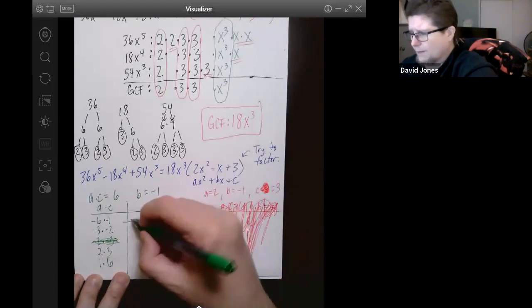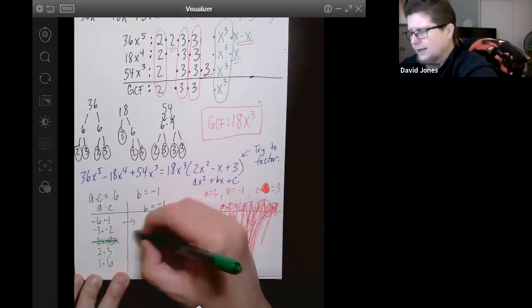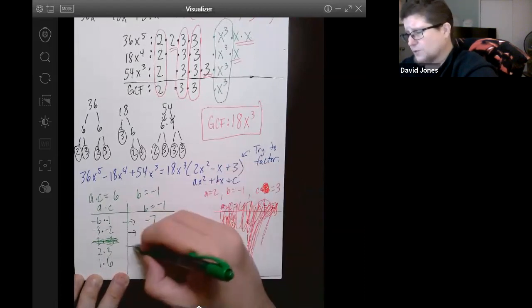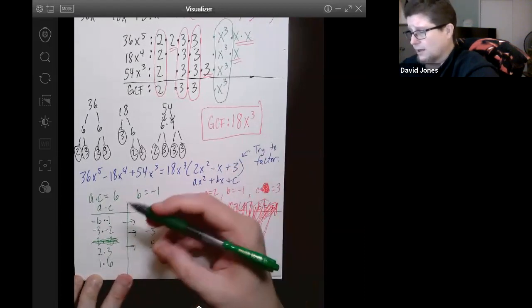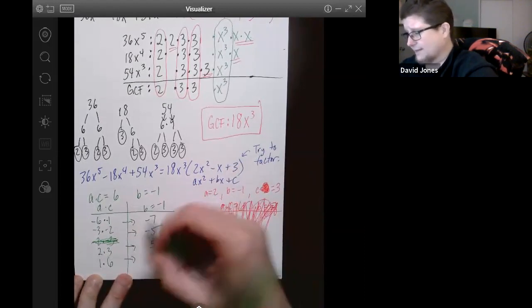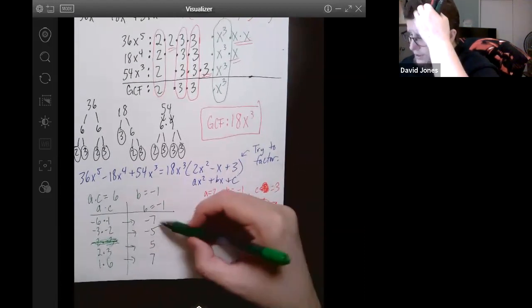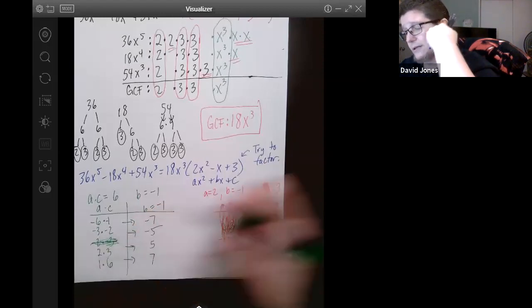B equals negative 1. This adds up to negative 7. This adds up to negative 5. This one adds up to 5. Actually, it is a good one to show. And this one adds up to 7. B equals negative 1 is not on the list. In fact, it's between these two.